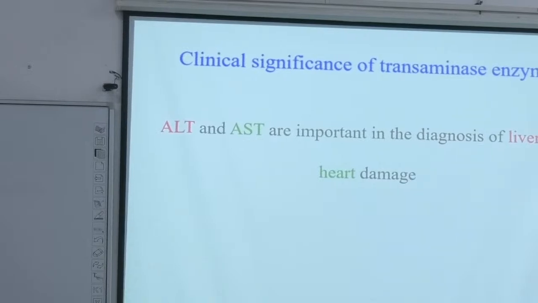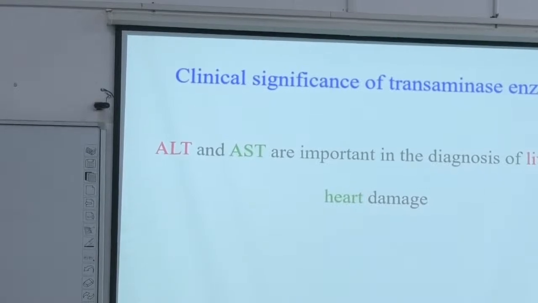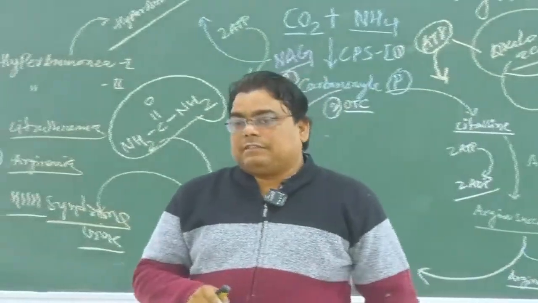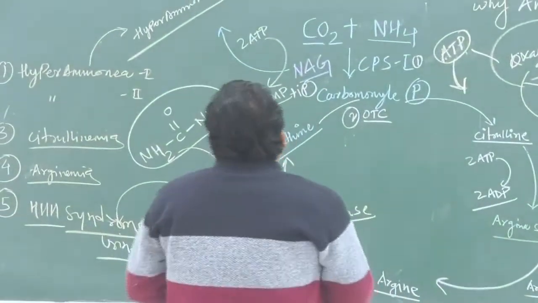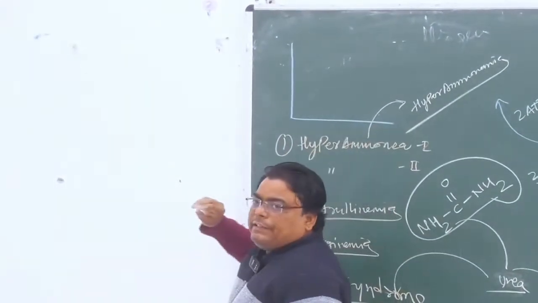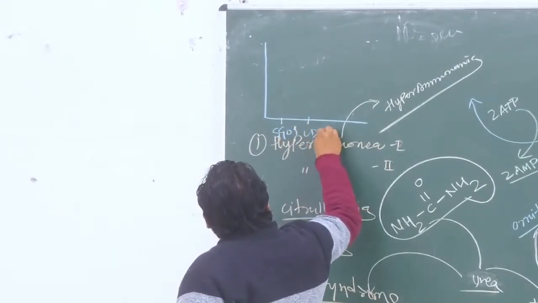Clinical significance of this transamination reaction, we already discussed in clinical enzymology. That is the role of SGOT and SGPT in different diseases and disorders. It is mainly for liver and heart damage. Students, in your spotter section, I will give you the graph of myocardial infarction. The graph is like that, with different levels of enzymes like SGOT, LDH.